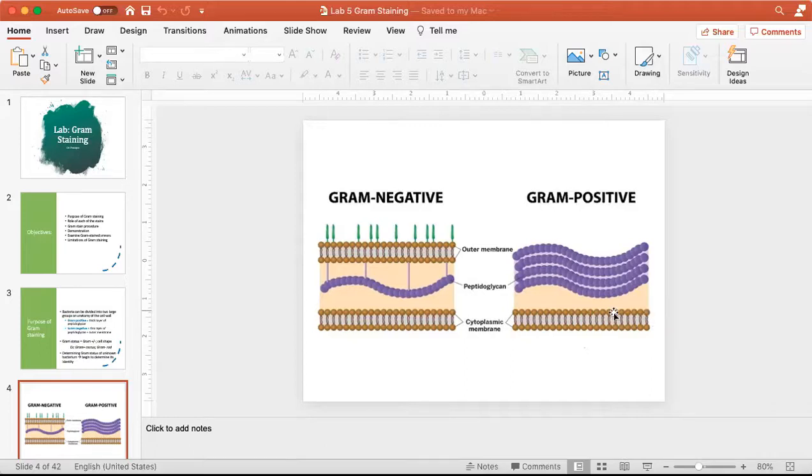So you can see there are heads and there are tails and there are heads. This is that lipid bilayer of membrane that surrounds every living cell. This out here represents the cell wall. These purple circles represent molecules that make up peptidoglycan. And the artist has drawn 4 layers here to represent a nice thick layer of peptidoglycan material surrounding this cell.